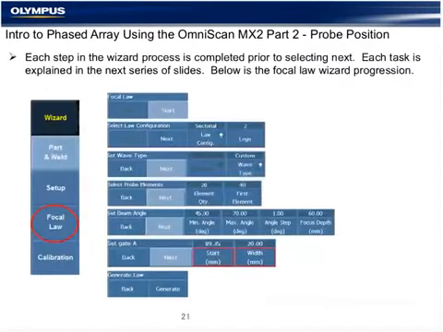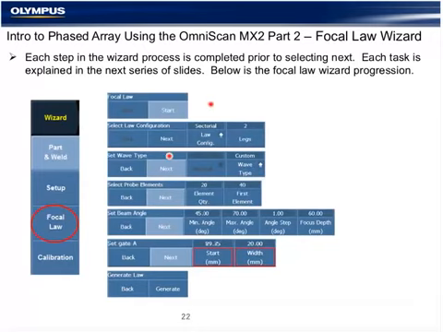Upon completion of the group setup, the next part takes us to the focal law. And again, just to review, at this point, the instrument knows the velocity and thickness of the material. It knows all of the hardware, probe, and wedge associated with the group setup.